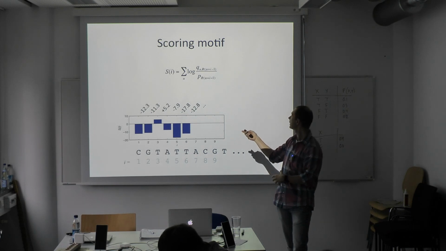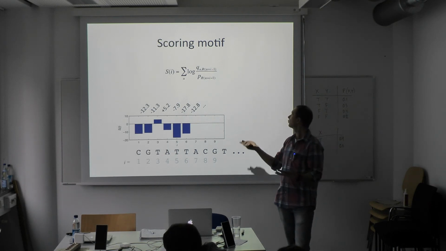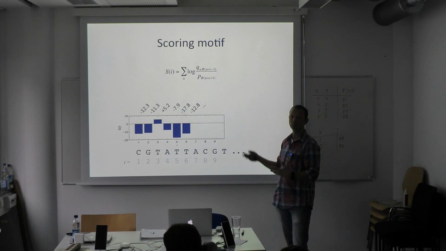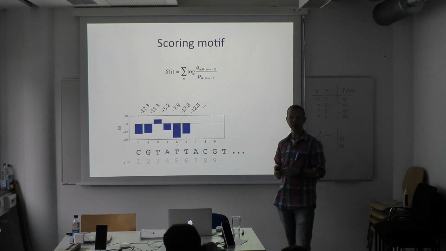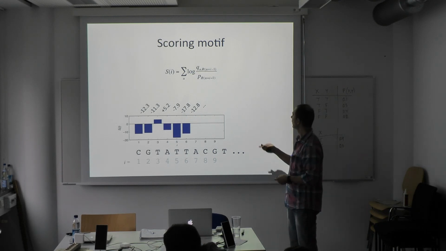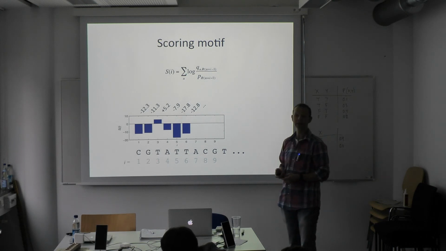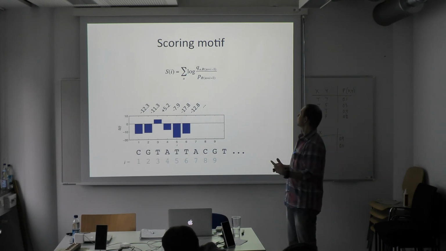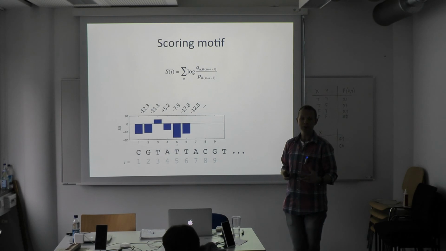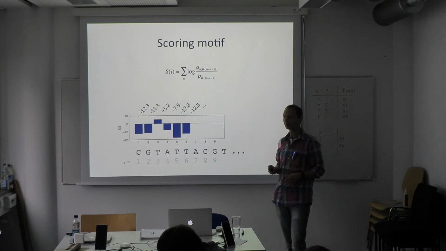We can just do sums on our ratios here, whereas if we were to not do log, then we would have to do products in order to get the same thing. But logs are useful in that sense, that we can do sums instead of products, and also because the values are more manageable in terms of precision of the computer that we're using.